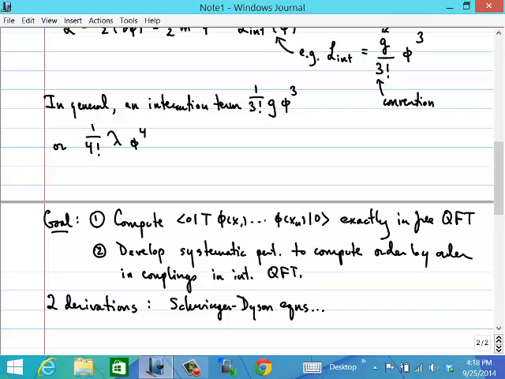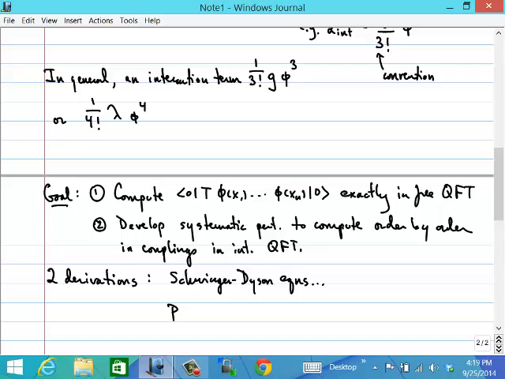There are 2 advantages of this approach. One advantage is that it's very clear in this approach that the only thing you're using about the field theory is the commutation relations. All you use are the fundamental commutation relations of the field theory, and out pops some set of rules for computing in perturbation theory.